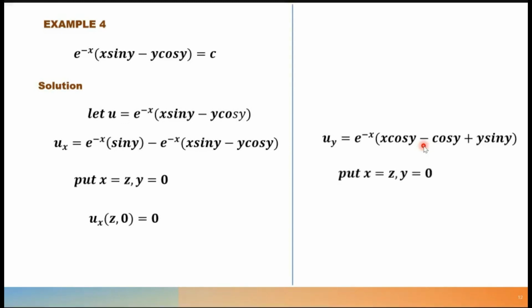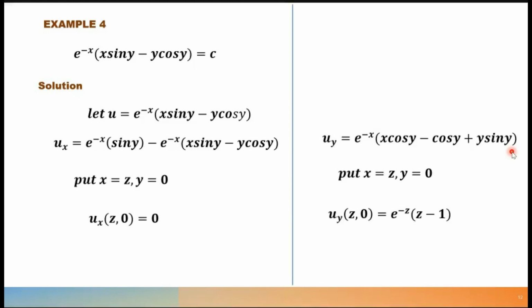Putting x is equal to z, y equal to 0. So that uy becomes e raised to minus z, cos 0 is 1, so z minus 1, this term is 0.